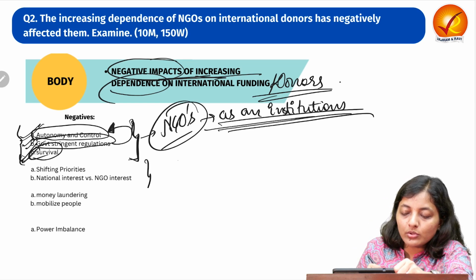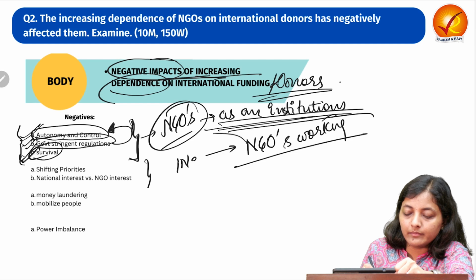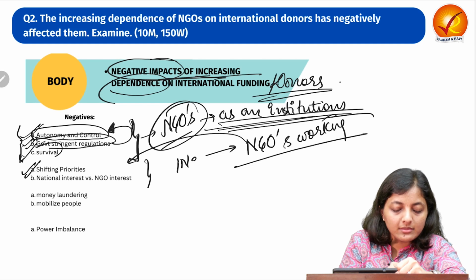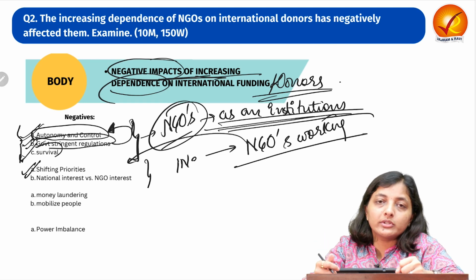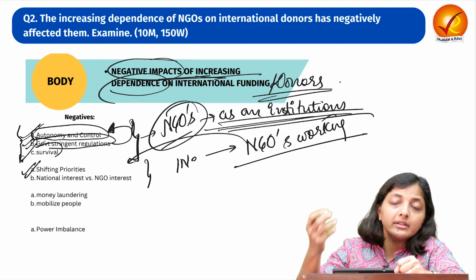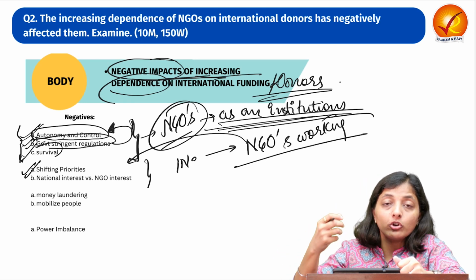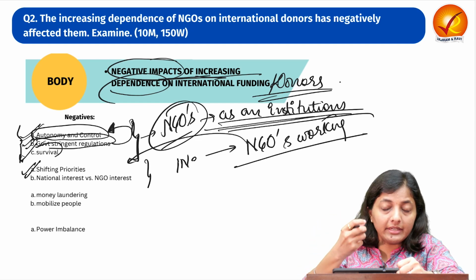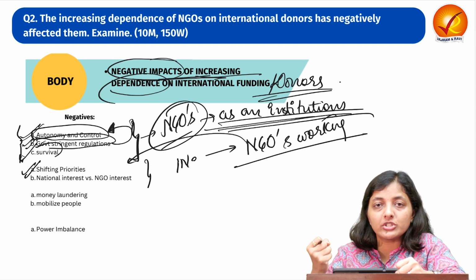Next comes how international dependence impacts the working of NGOs. First one is that the NGOs' priorities will shift. Now they will divert their focus from local issues to whatever the international donors are saying, because if they do not abide by the directions of the international donors, the donation will be stopped.